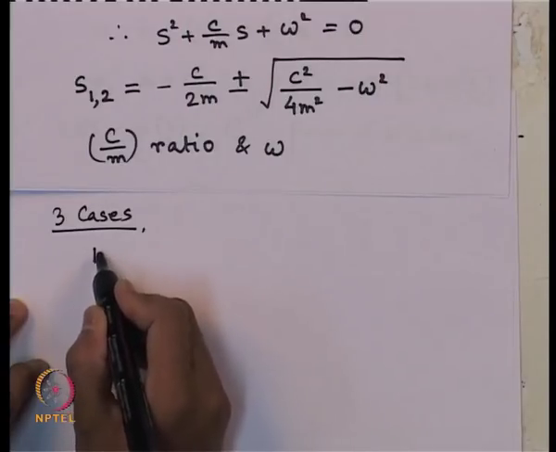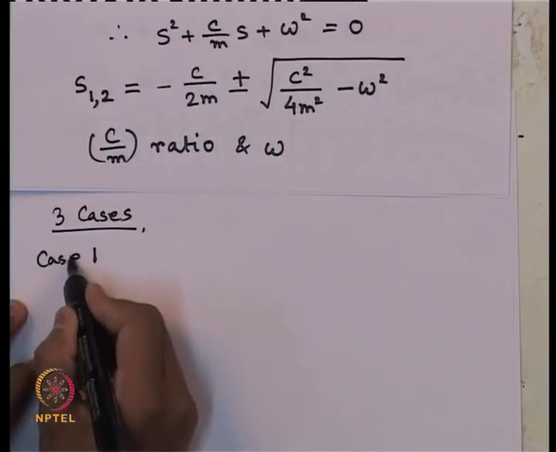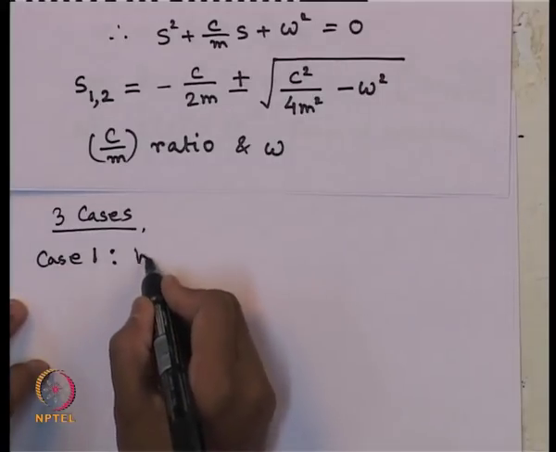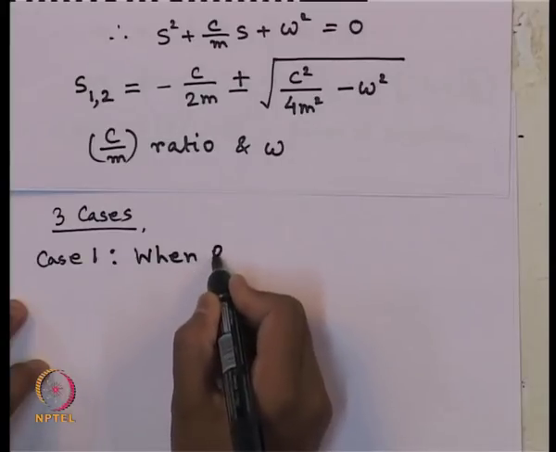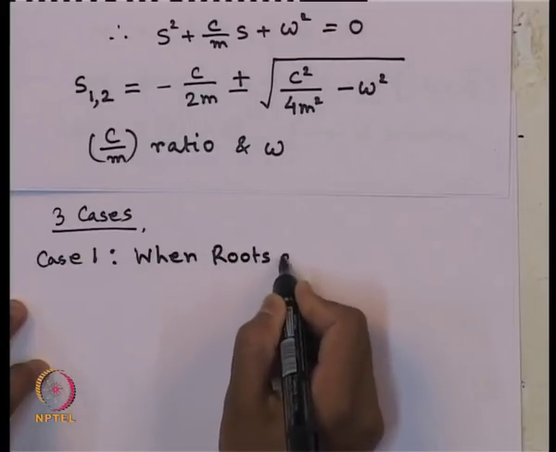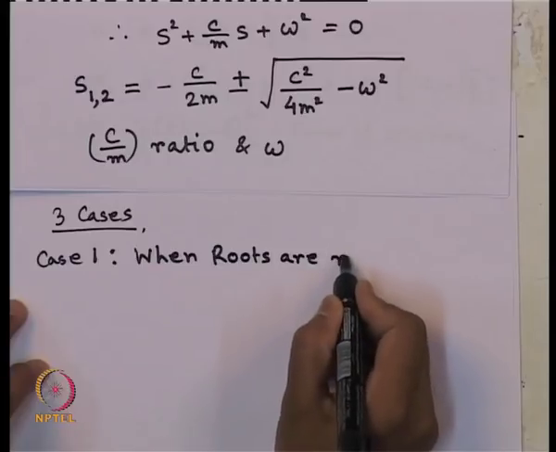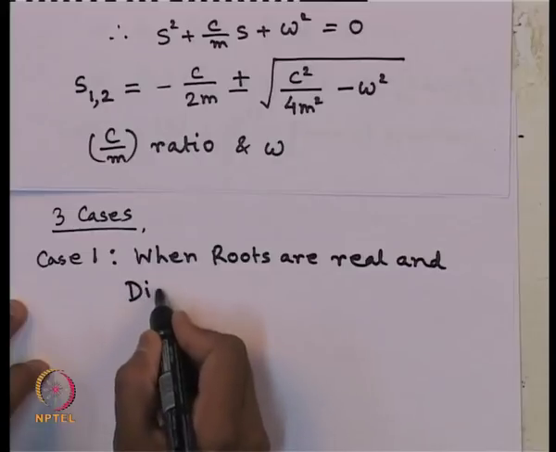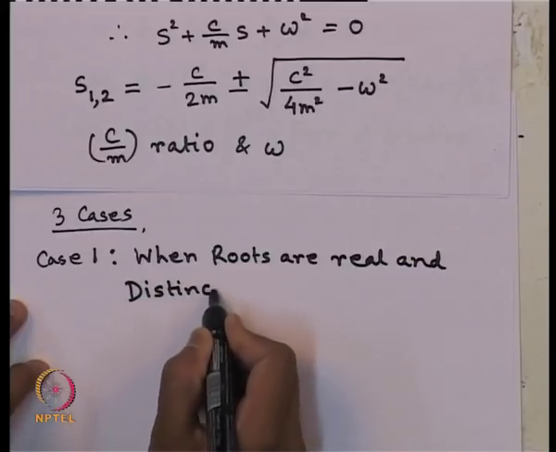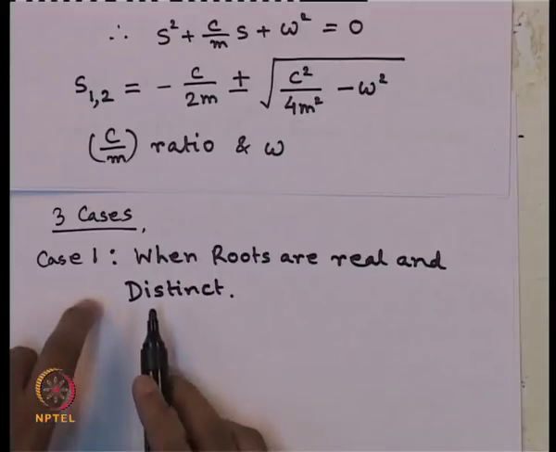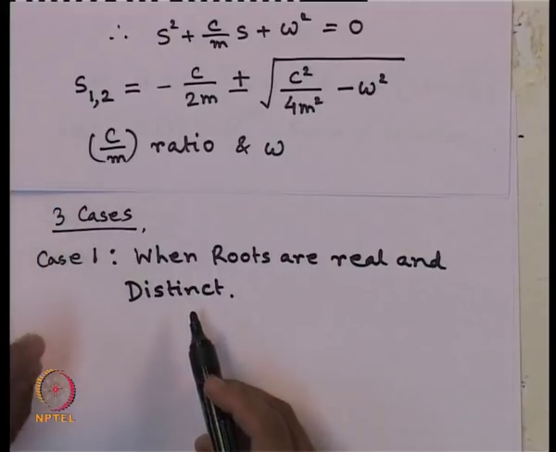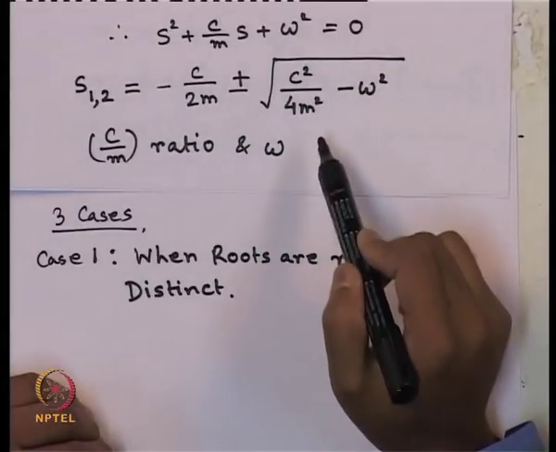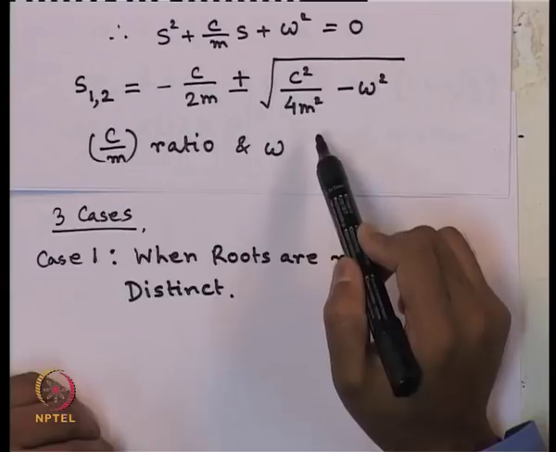The first case, case 1, let us say, that will be when roots are real and distinct. When that condition will occur, when the roots are real and distinct, when this under root term is positive.